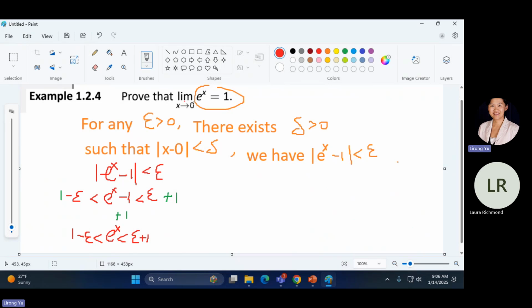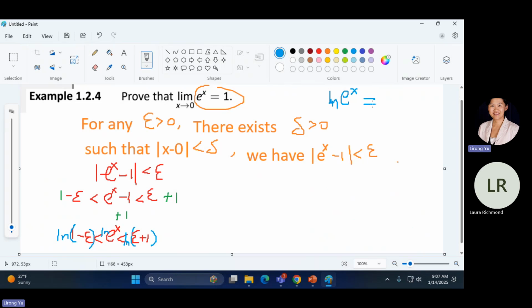So we would take a natural log on all three. So you're going to do ln of this, ln of this whole thing, and ln of this whole thing. So we're going to take natural log of all three. So one thing you should remember is natural log of e to the x. Now, ln is inverse of exponential function.